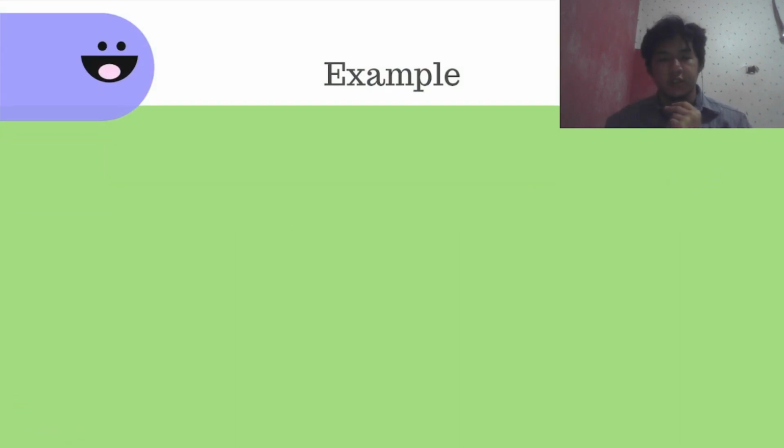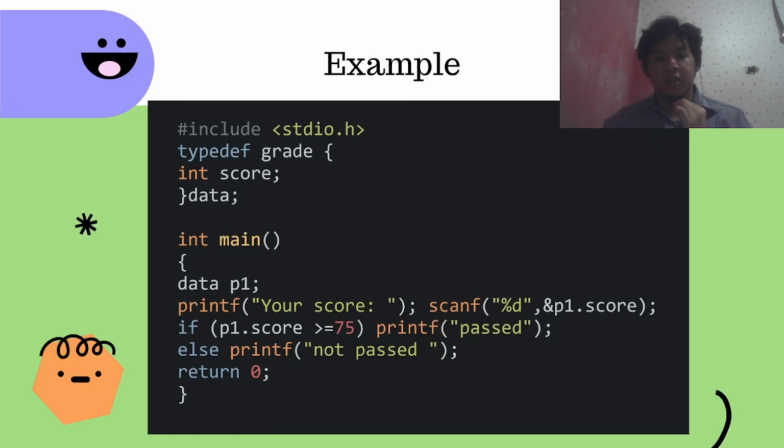If you still don't understand, this is an example that you can follow. This code is in the module, so you can just copy it and put it on your IDE to follow along. In this, we have a score that we can put in the code, and then the code will check the condition if you passed or not.